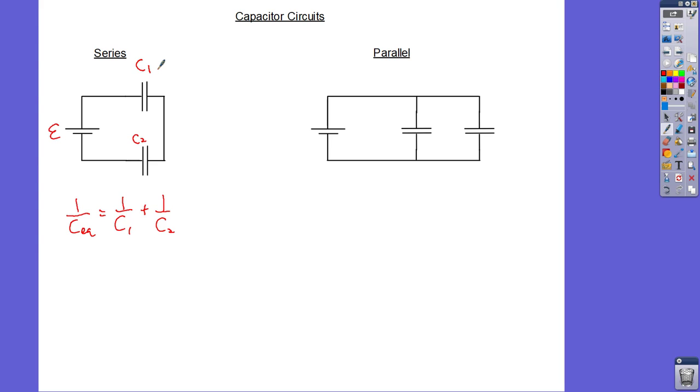Okay. Remember that each of them will have a charge Q, and actually in series the two Q's are the same. So each has the same charge.